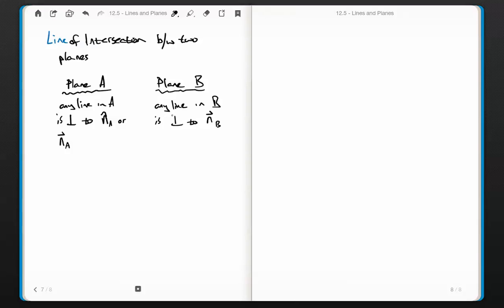There's only one line of intersection that lies in both planes. So here's a line that lies in both planes: the intersection of two lines is a point, the intersection of two planes is a line.